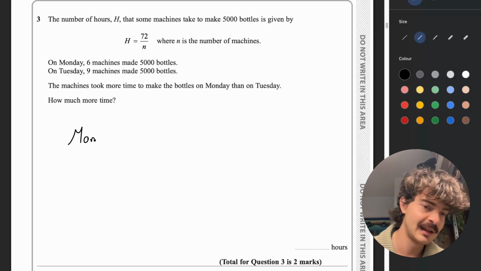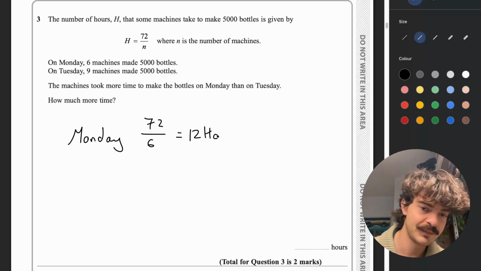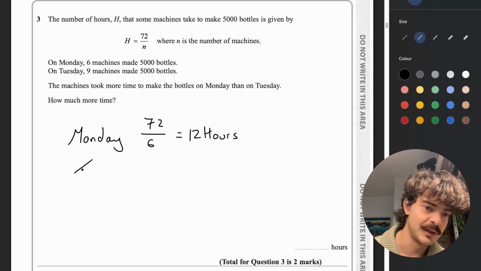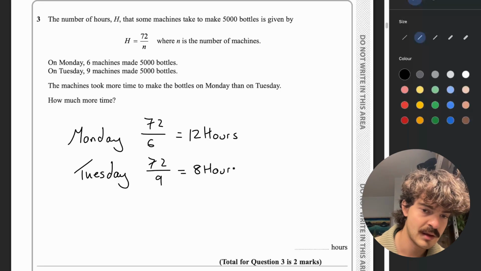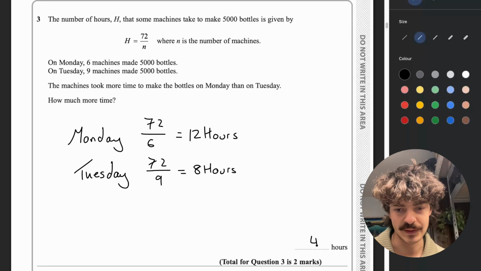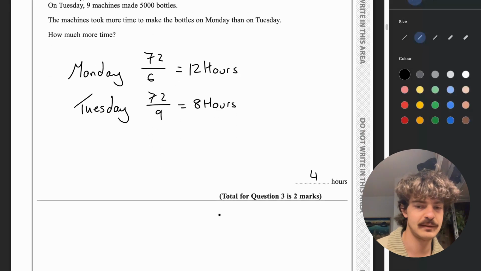So on Monday, we had 72 over 6, which is going to give us 12 hours. And then on Tuesday, same calculation, it's going to be 72 over 9, which is equal to 8 hours. Cool. So it took 4 hours longer, right? Difference between 12 and 8.